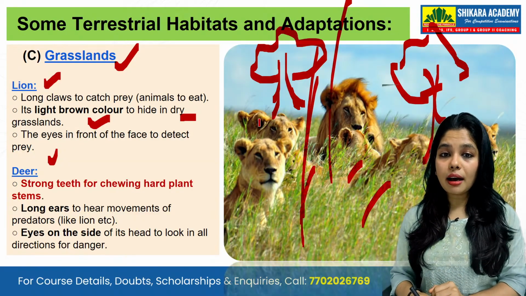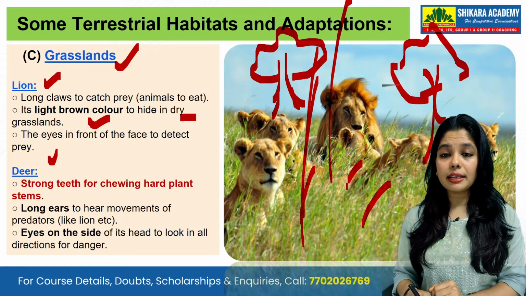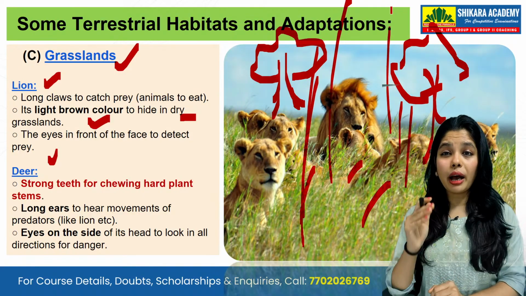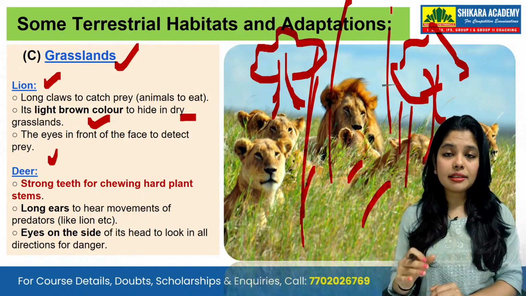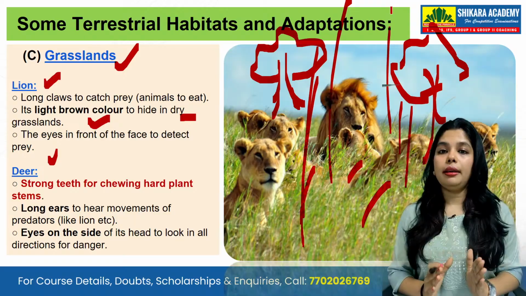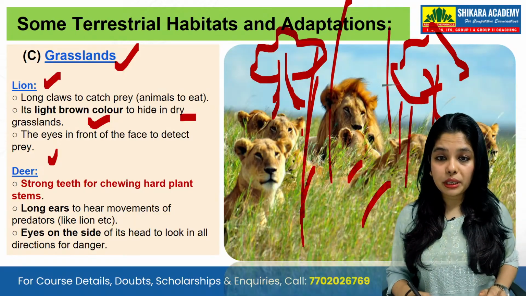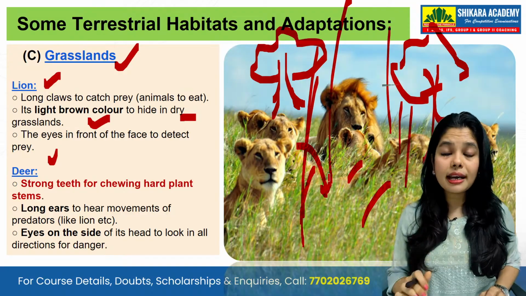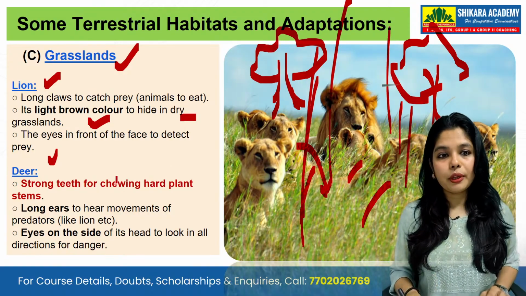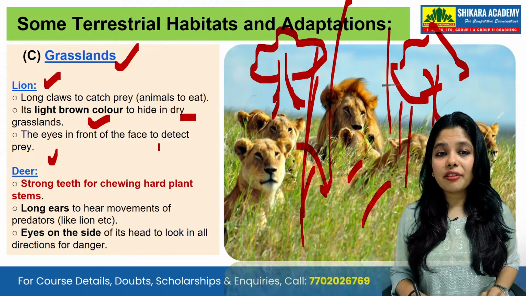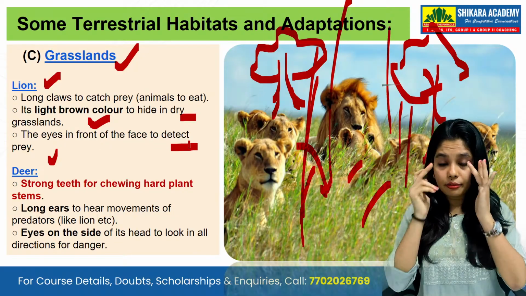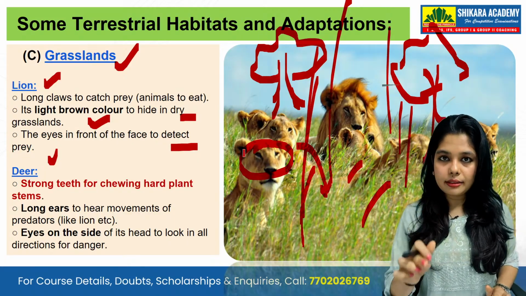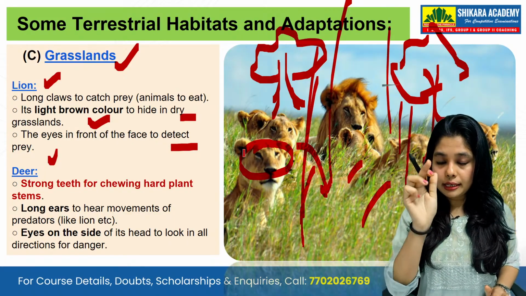So these animals, lions and tigers, are able to hide themselves in these grasslands which grow tall, and the color of the body sometimes matches with the color of these grasses, so you're not able to recognize them with the naked eye. And they have eyes in the front to detect prey. You can see their eyes are in the front, right? So the eyes are in the front so that they can detect prey nicely.